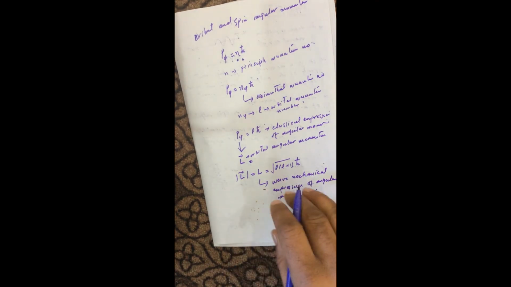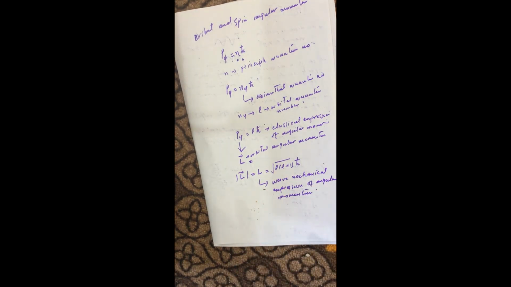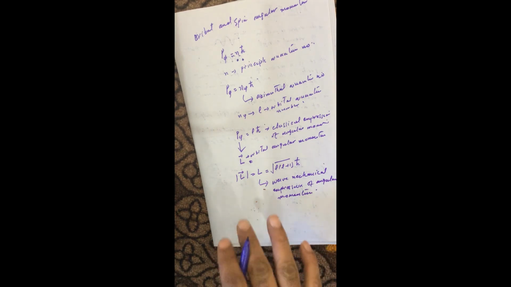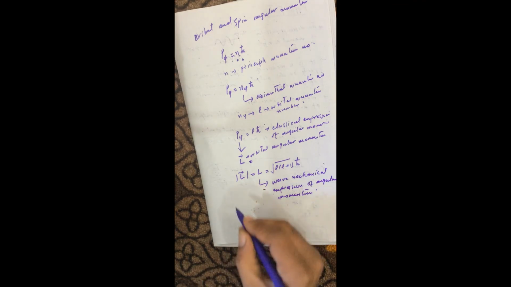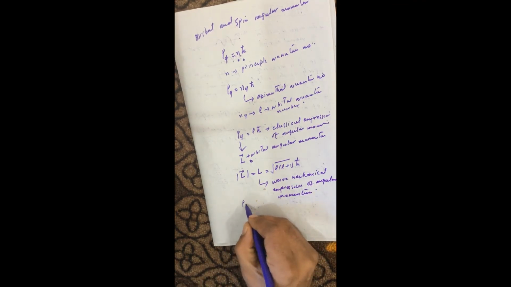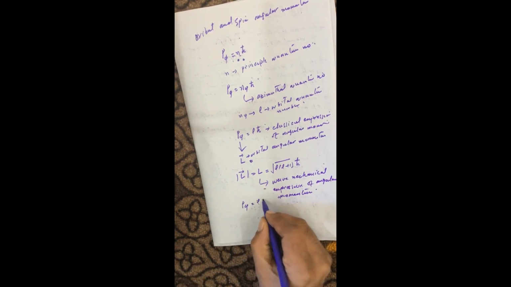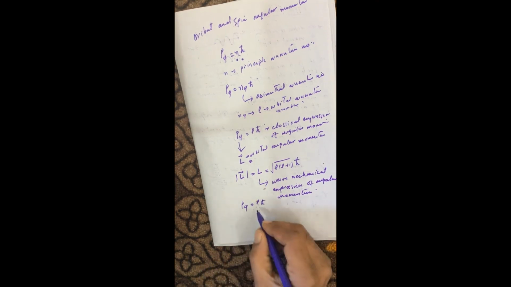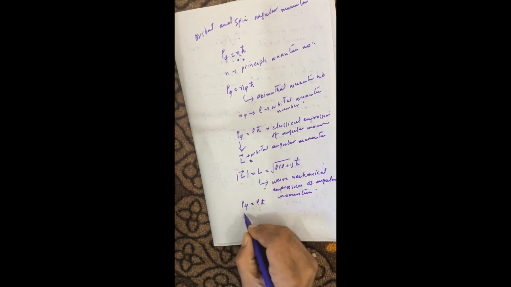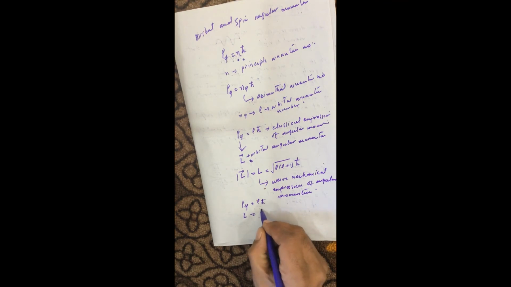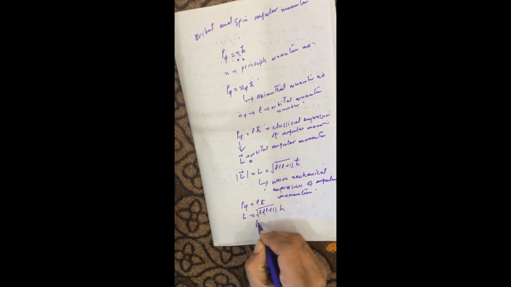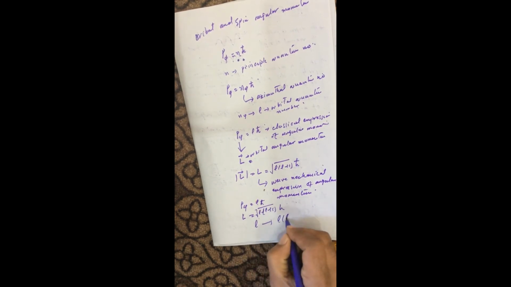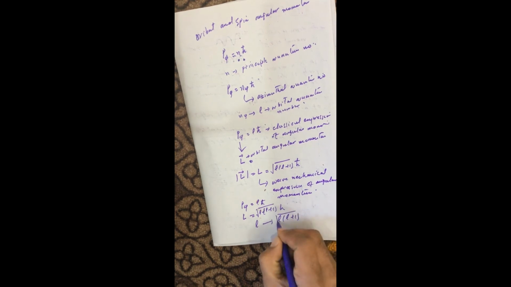We already did these things in the class in a detailed way, so I'm not going to explain it again here. So in this equation, P of phi, which is equal to L into h bar, we replace P of phi by L, and this L by the square root of L into L plus 1 times h bar.